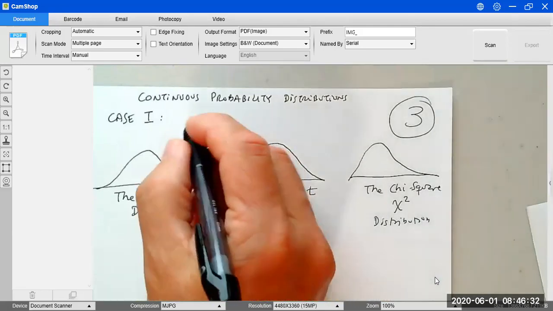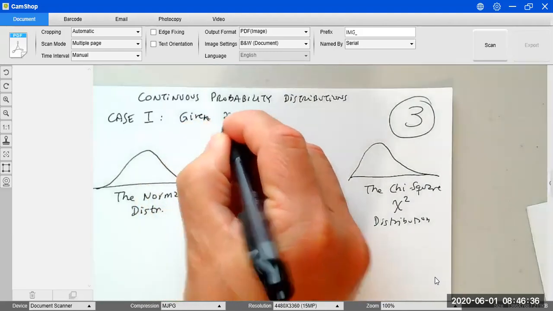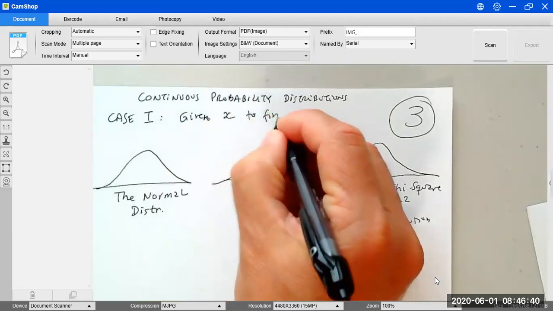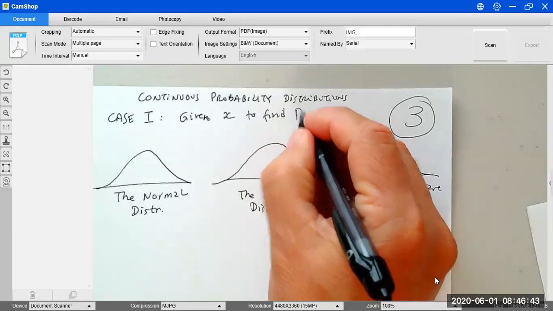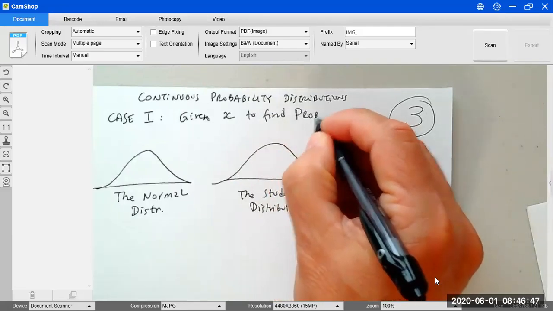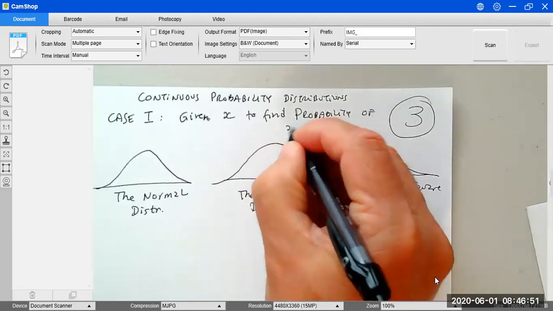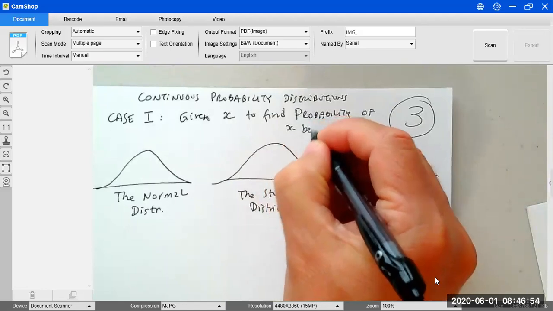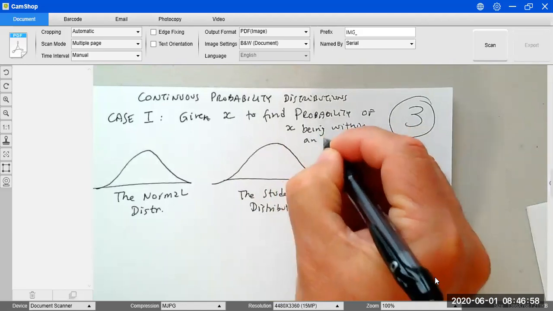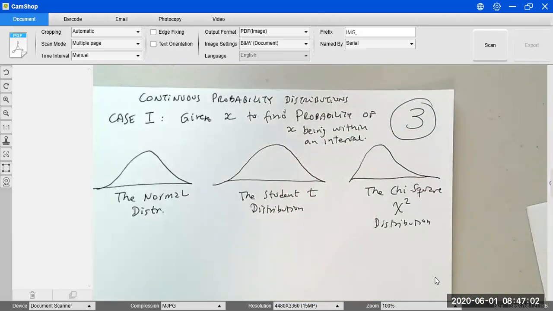So case one is you are given x, and then you're going to find the probability of x being within an interval. In other words, given x, what is the area?